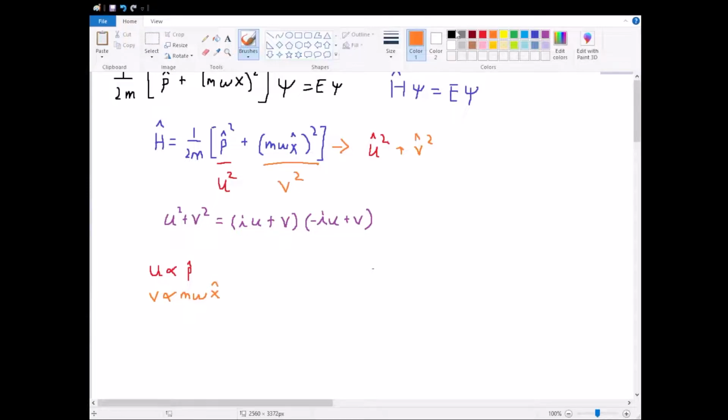This implies that we should be able to decompose it into something that involves multiplying two things. Let's call them a hat plus minus. And this is evidently going to be of the form of something like plus minus i p hat plus m omega x.